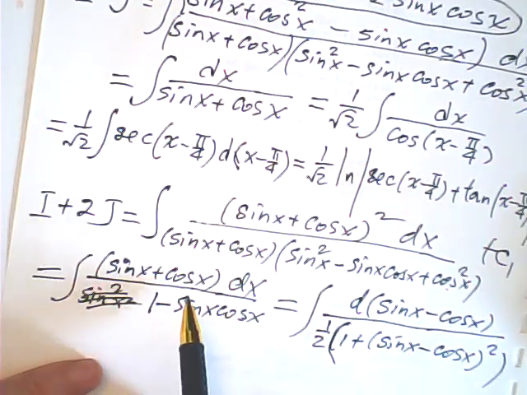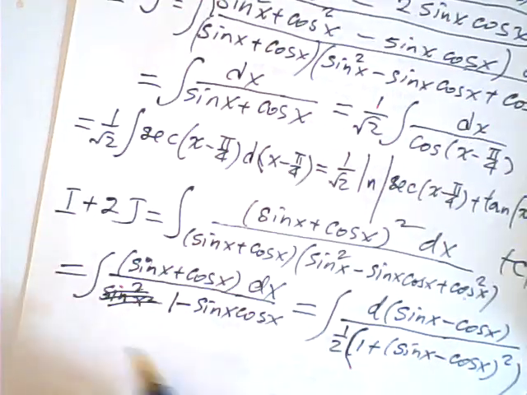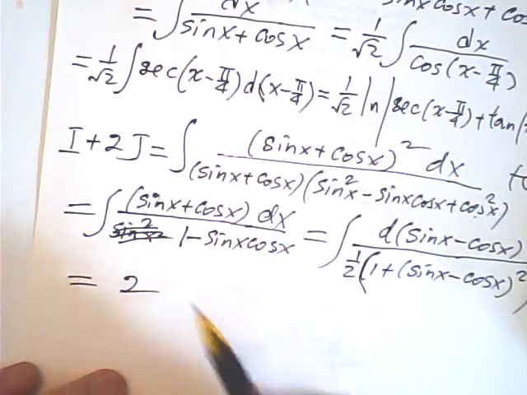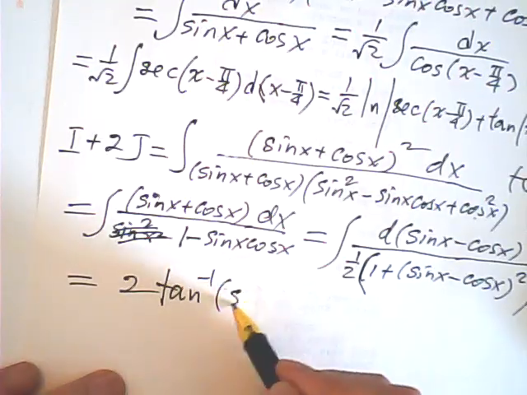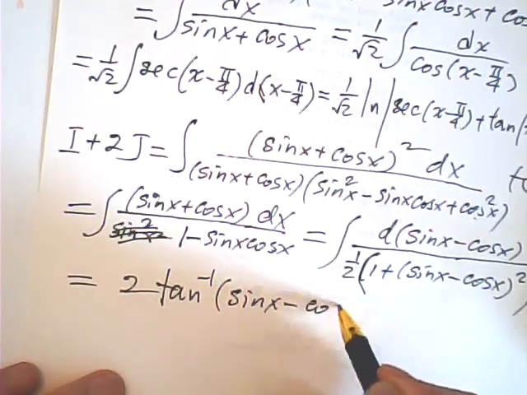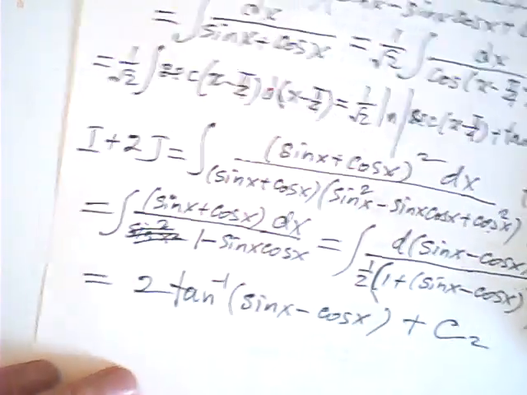This derivative is cosine, this derivative is sine. So therefore, this becomes 2 arctangent of sine x minus cosine x plus C2.